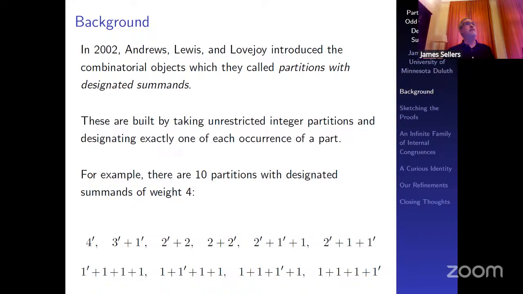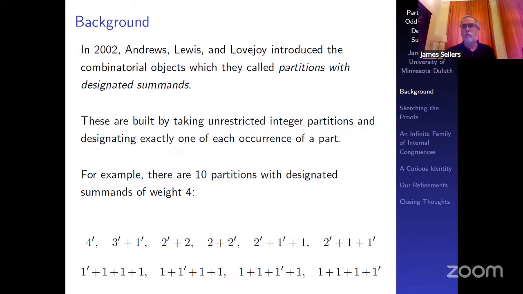Not only do you get to select yes or no, whether you're going to mark a part in over partitions. Here you don't get to select, but also in over partitions, typically if we mark something, it's only the first instance of that part size, or maybe the last instance of that part size, however you select it. Here, we're allowed to actually mark any one of the copies of the part size.